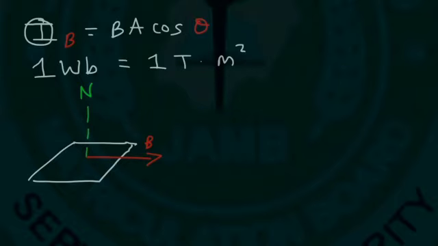The angle theta is between the normal line and the magnetic field, so the angle is 90. Cosine 90 is equal to 0. So therefore, the flux will be 0. So if the magnetic field doesn't pass through the face of the coil, if it's parallel to the face of the coil, there will be no flux. And if there's no flux, there's no induced EMF.